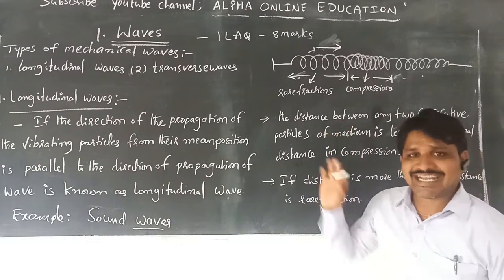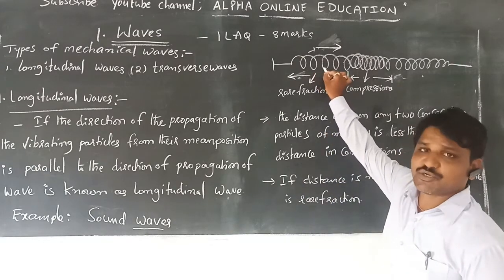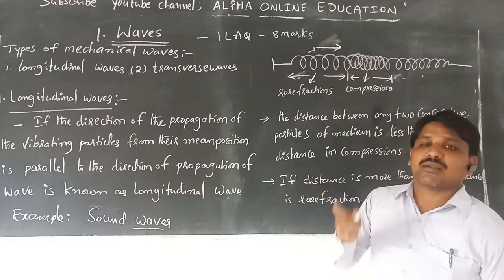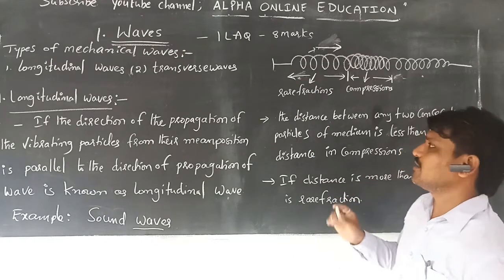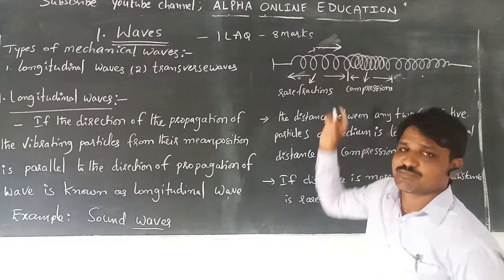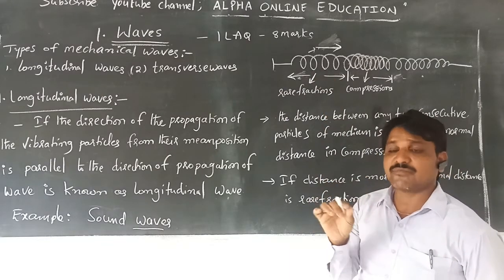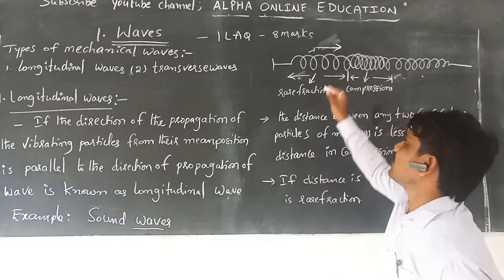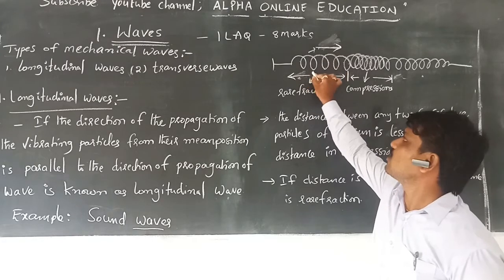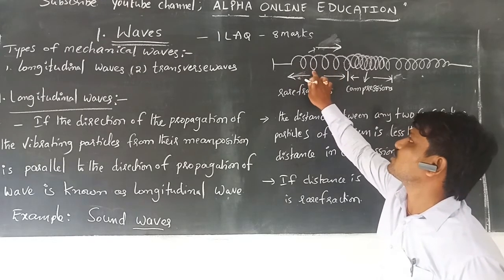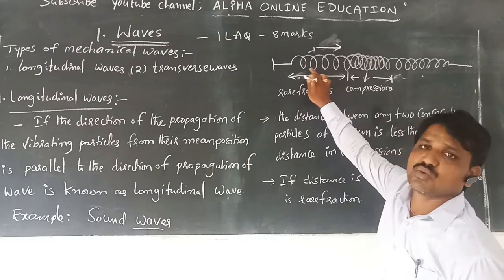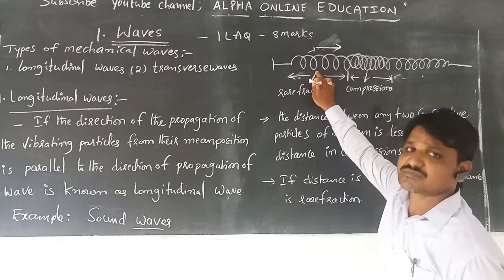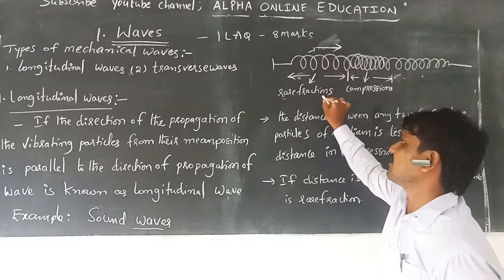If the distance between two consecutive particles of the medium is more than the normal distance, as when we expand a spring and the distance increases, it is called a rarefaction.